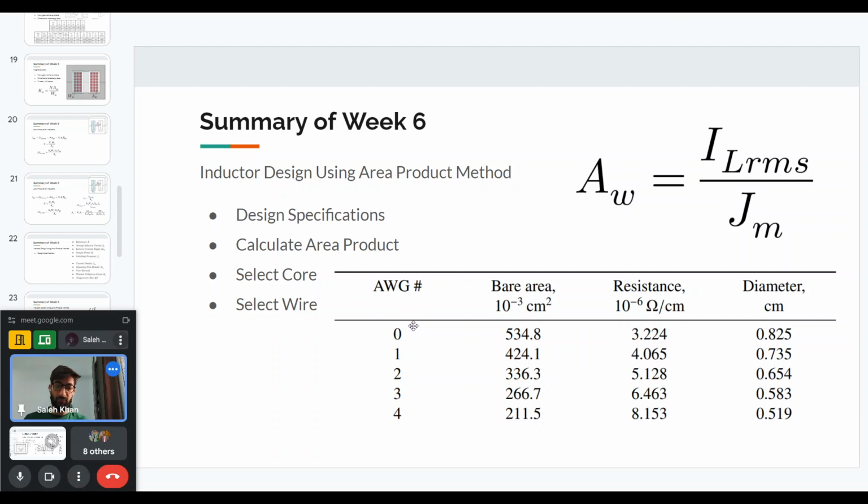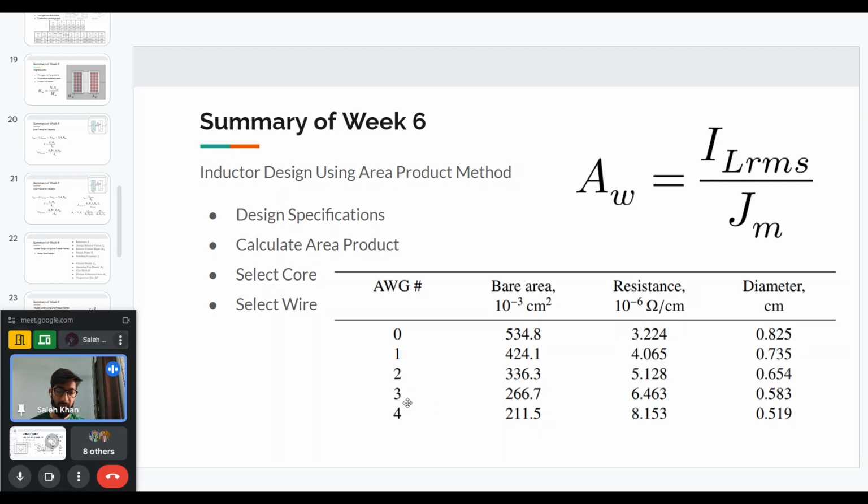Again, we will choose a wire whose area is equal or slightly higher than the area we got here, so that the current density will be either equal to this Jm value or less than it. We don't want to go beyond this value because this is the specification that we are given. Once we match the area of the wire, we get the AWG number.